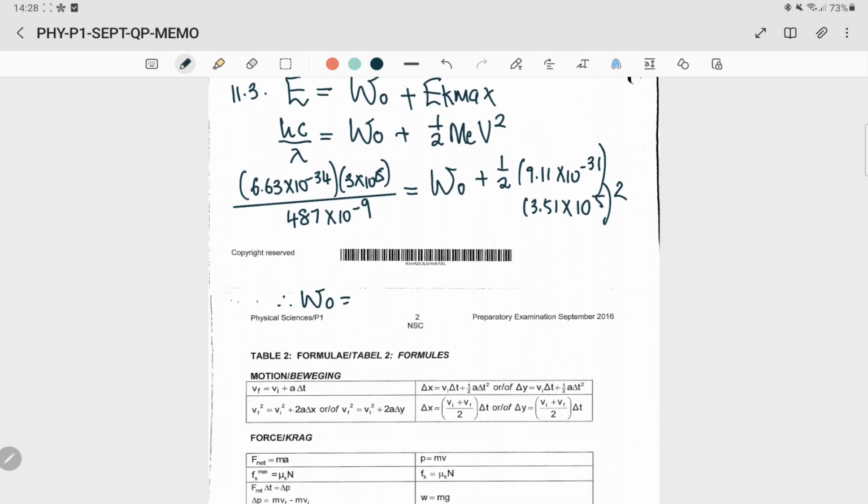Therefore, the work function should be equal to... So I'm getting 3.52 times 10 to the negative 19 joules.